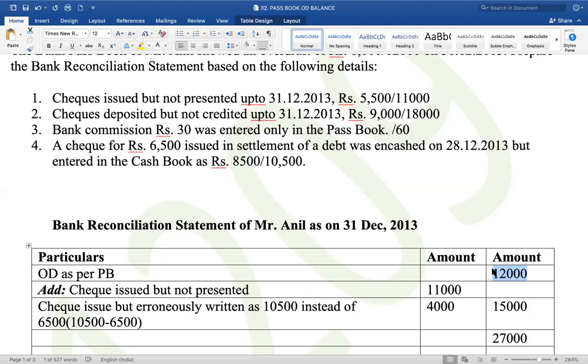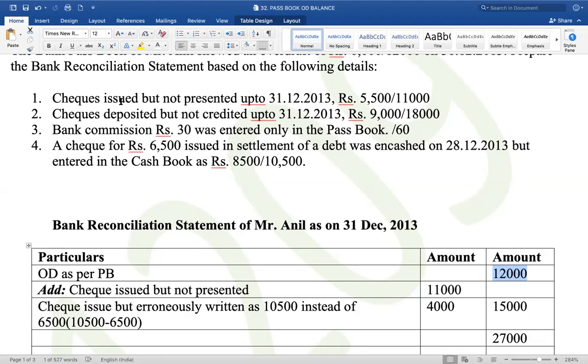Another 11,000 checks you have issued. What happens to your OD? Will it increase or decrease? Increase. The OD will increase by 11,000 to 23,000. OD 23,000 ban jayega. Correct na? Agree with me, all of you? Yes, sir.